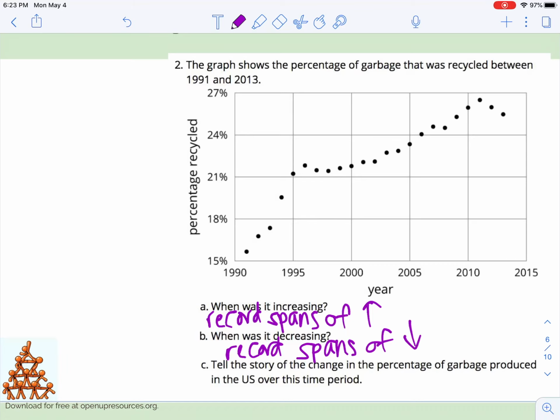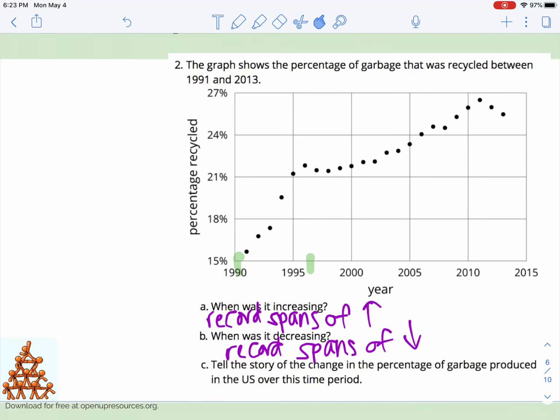And span just means years. So like, it looks like it was a pretty solid increase between 1990 all the way to maybe like 97 or 96. And then it drops a little bit. So that's pretty much what you're going to do for that.